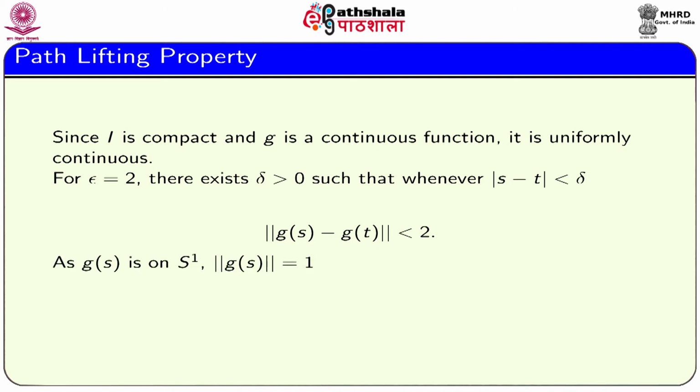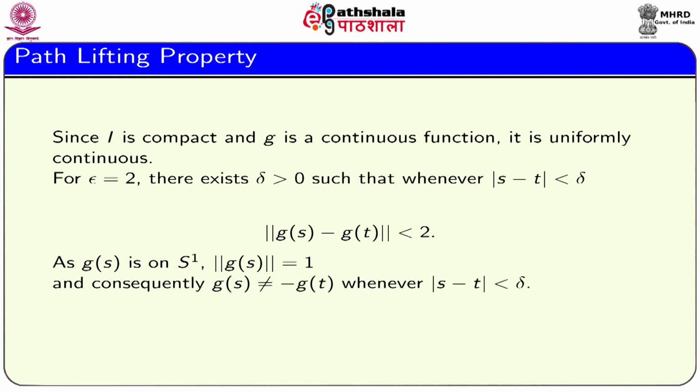As g(s) is on S1, the norm of g(s) will be equal to 1, and consequently g(s) and minus g(t) cannot be equal whenever s and t satisfy the condition mod s minus t less than delta.